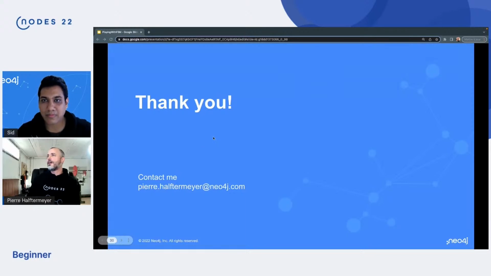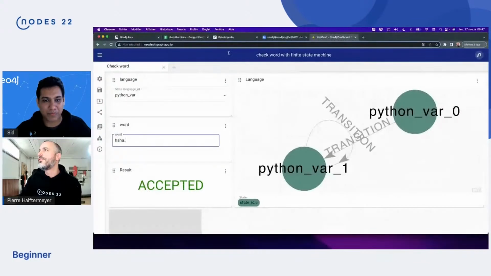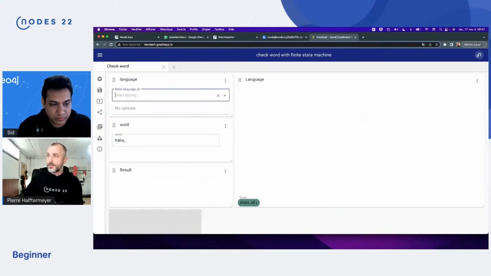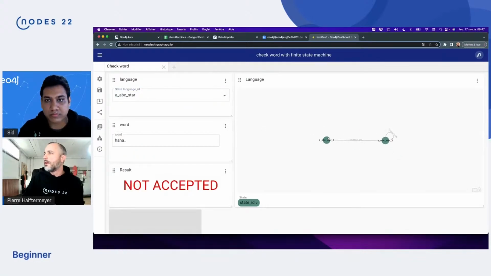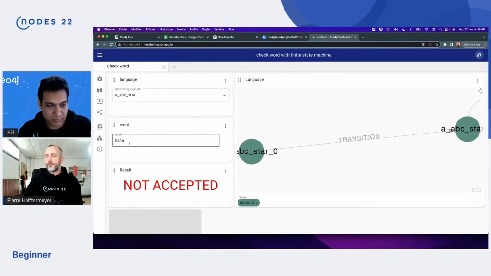Okay. So we can play with, for instance, Python. There is another language you have not tested. It's the ABC star. So it has to start with an A, and then only ABCs.